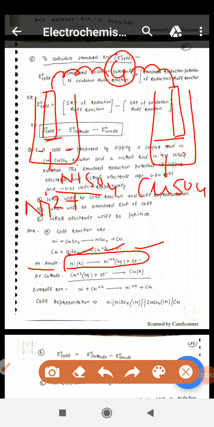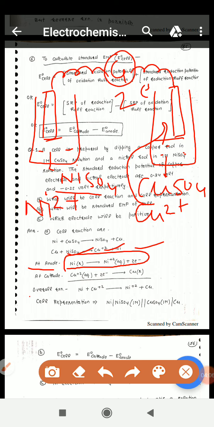Now what happens in the copper sulfate solution? How much charge is on the copper? Copper 2+. This copper 2+ gains the 2 electrons and copper is deposited on the copper electrode. At the cathode, copper 2+ plus 2 electrons gain the electrons and are converted into copper.